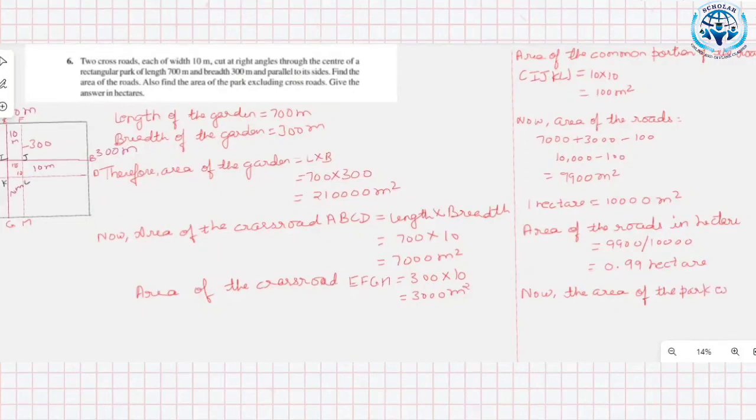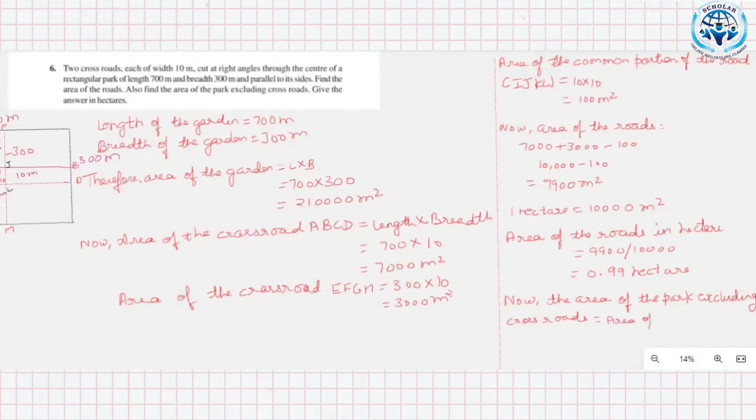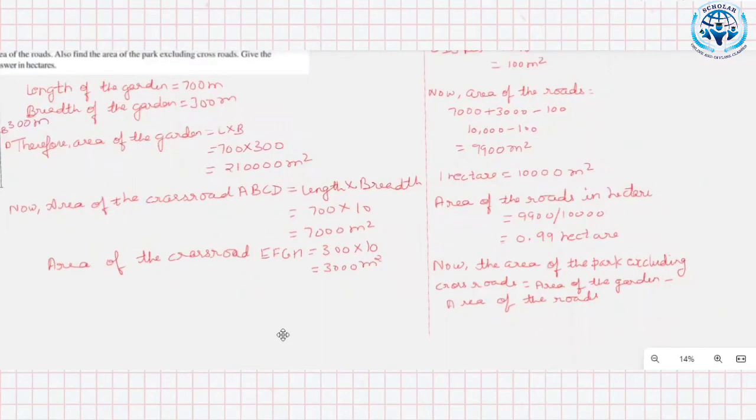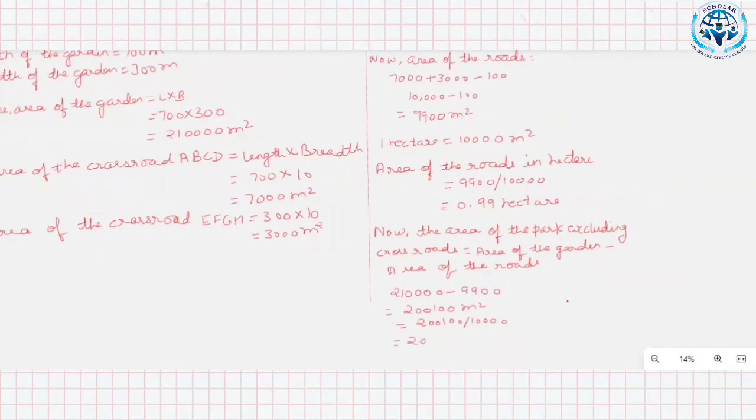We will subtract the area of the crossroads from the total area of the park, that is 2,10,000. It is in hectares, 20.01 hectares.